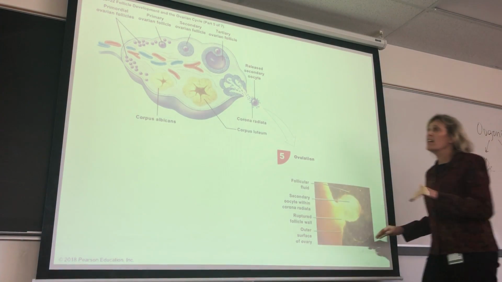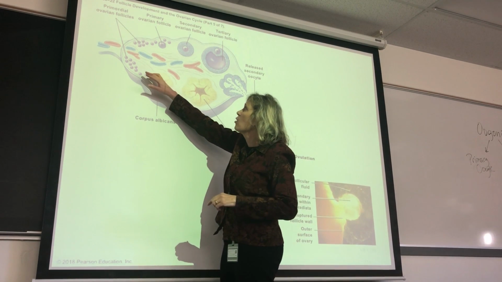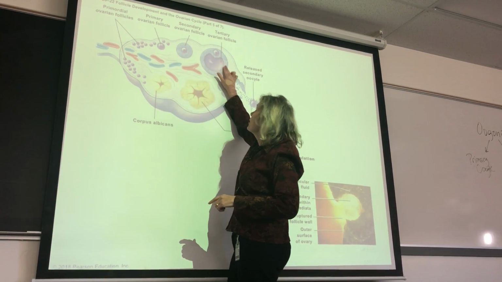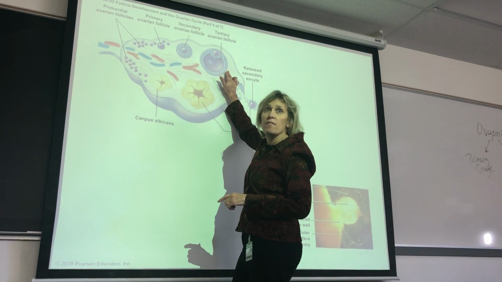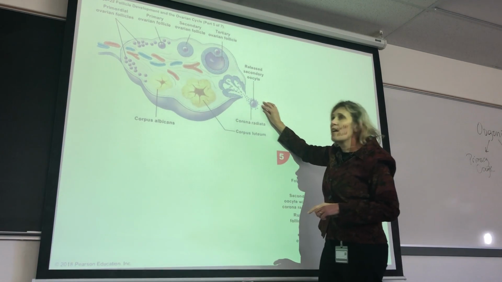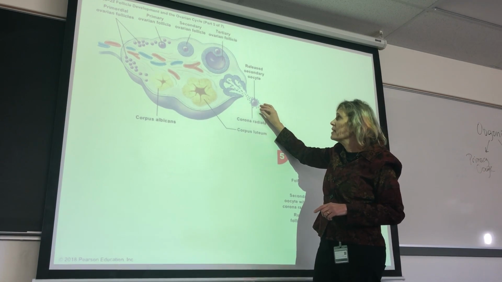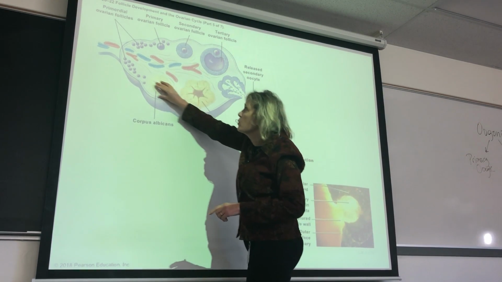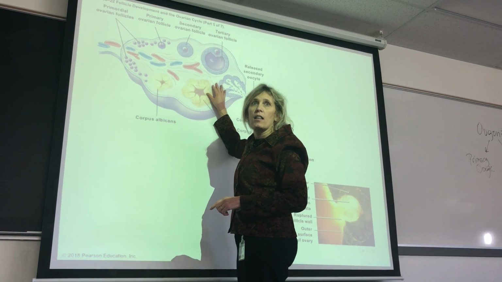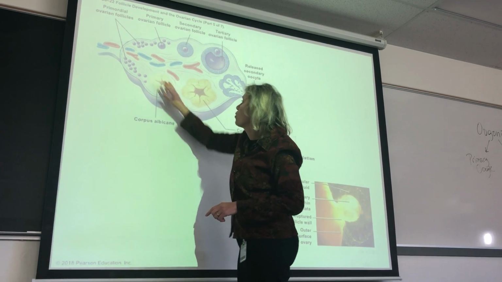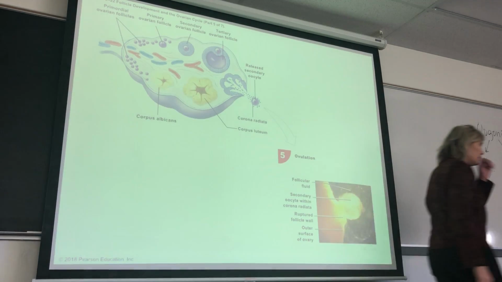The follicular phase, so this is ovarian development. This is the ovarian cycle. This is the follicular phase because we're developing the follicle. This is ovulation because the secondary oocyte is being released. And then this is the luteal phase, when the follicles become the corpus luteum and then the corpus albicans.